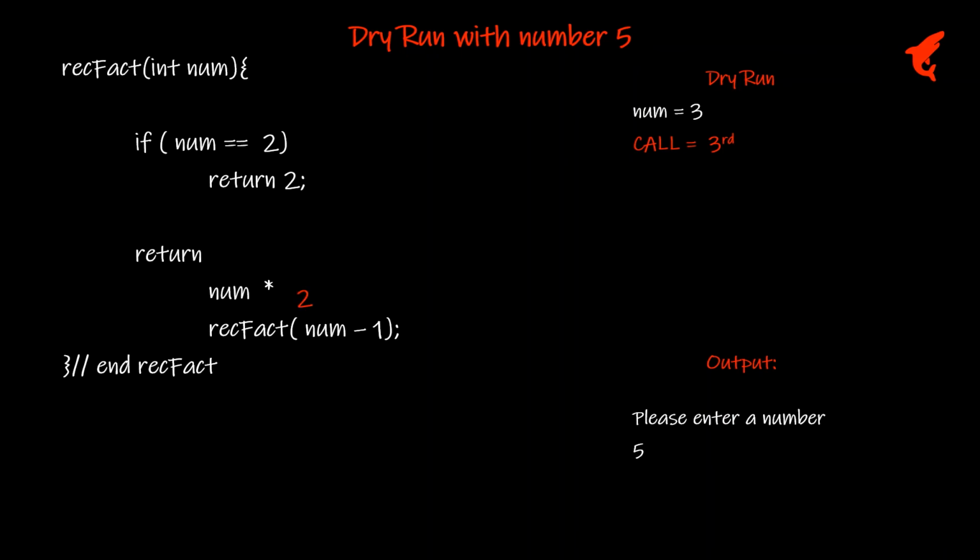So the rectfact function gets the value of 2, and now this value will be multiplied with the variable num. Num here is 3. 3 into 2 is 6. So that is the value which is going to be obtained, and this is what will be returned to the previous function call, and therefore the control will be transferred back to the second call.